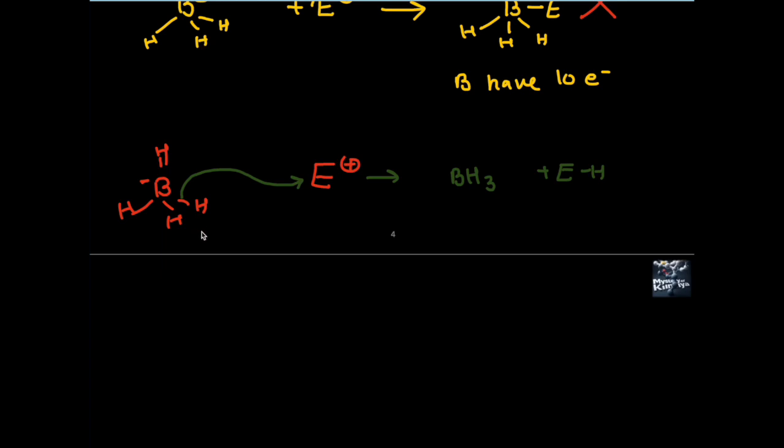So here boron hydrogen sigma electron transfer takes place, and hence NaBH4 acts as a good reagent for reducing aldehydes and ketones to alcohols, because it donates the boron hydrogen sigma bond but not directly H minus or hydride ion.